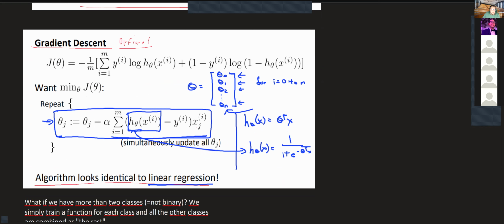Basically what we do is we update the parameter: minus alpha, so the parameter gets smaller if this is positive, and it gets larger if this is negative.